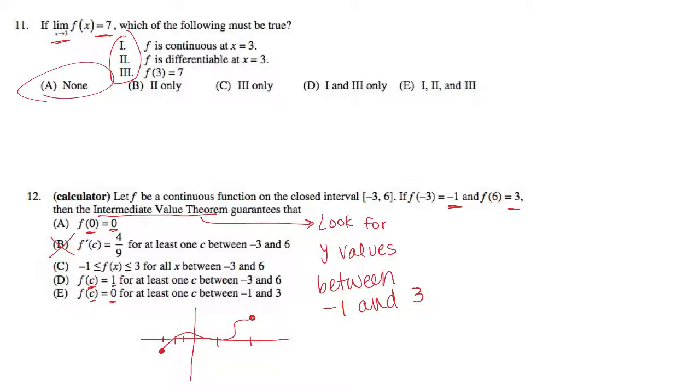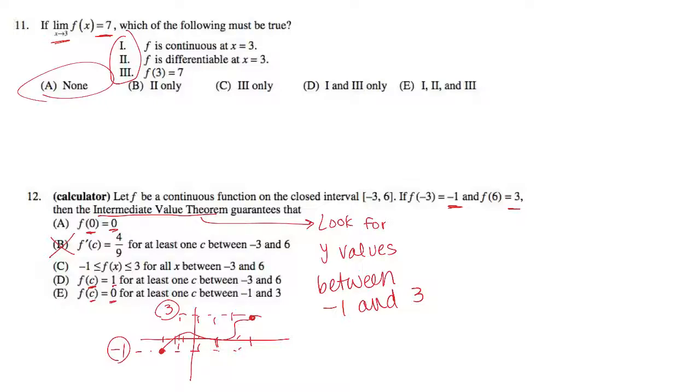Well, the highest y value that we have is 3, and the lowest y value we have is -1. So it's saying for some y value between -1 and 3, there has to be some c value in here that's going to give you a y value between those two numbers. So between -1 and 3.